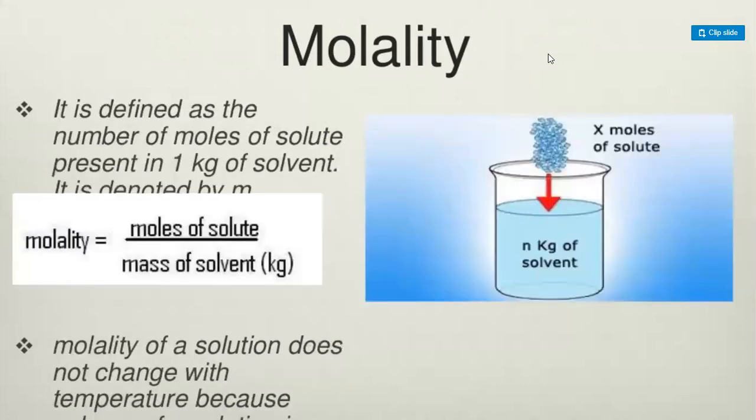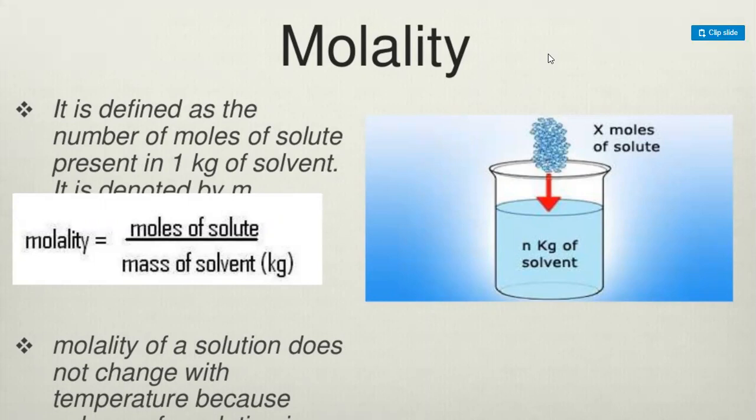Now, molality. There is a minute difference. In molarity we take the volume in liters; now we take the mass of solvent in kg. It is defined as the number of moles of solute present in 1 kg of solvent, and it is denoted by small m. The formula of molality is moles of solute upon mass of solvent in kilograms.